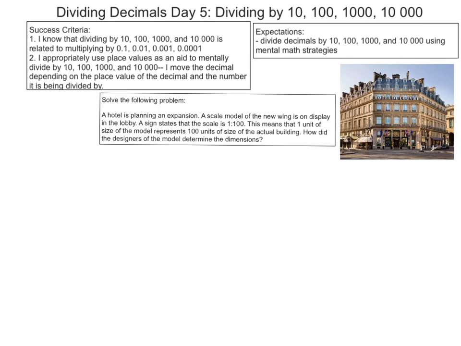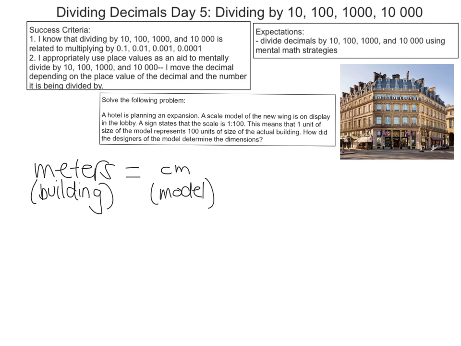But how could we figure out these dimensions? So if the scale is 1 to 100, as seen here, and the dimensions of the building are in, let's say, meters, then you could use the same numbers to make the same model, but in centimeters, because there are 100 centimeters in 1 meter.